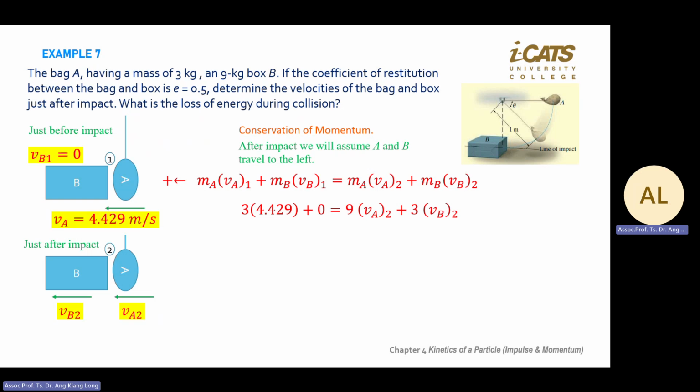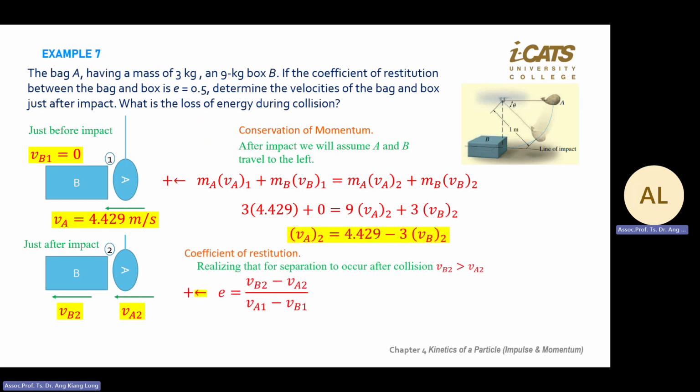After this, you call out the equation of E. You get another equation. Solve simultaneous equations. Here, after it hit, VB will move faster than VA, which is the same scenario as our slide. We can directly apply the E equation.